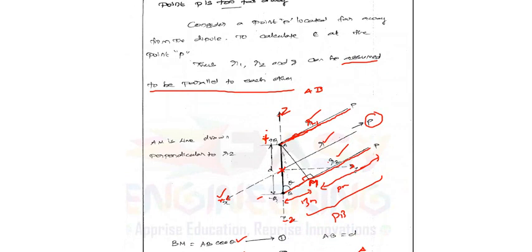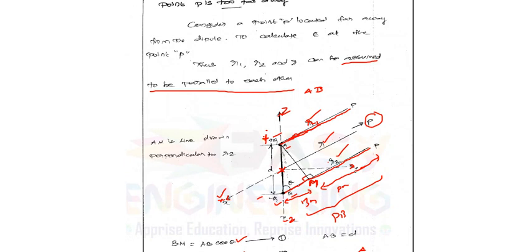Now the dipole is denoted as AB, where the positive charge is situated at A and the negative charge is situated at B. So this is B and this is A. From A to P, you draw a line.